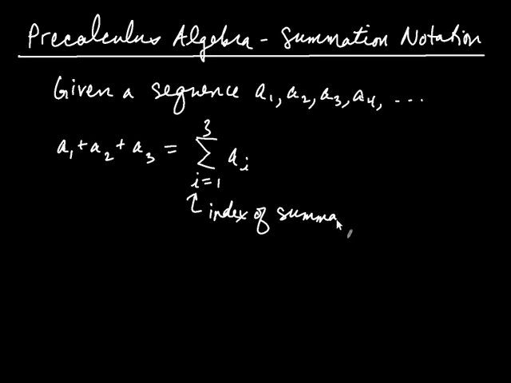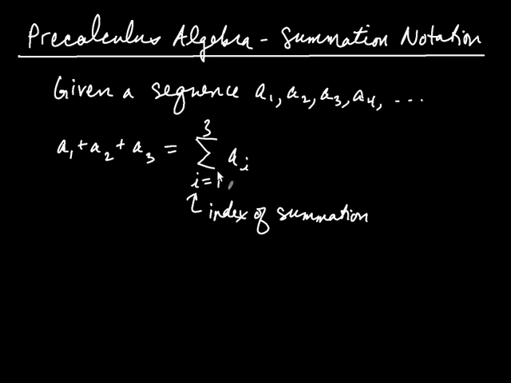In this case, I can see that the index starts at 1, that's the lower number here, and it ends at 3. So for each number starting here and ending there, you plug it in right there. For example, I start at 1 and I put in a sub 1. Then I go to 2 and I get a sub 2. Then I finally get to 3 and I get a sub 3.